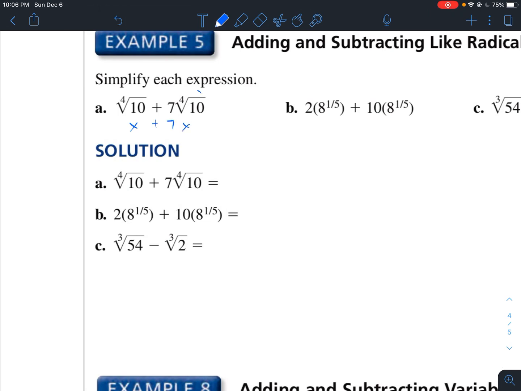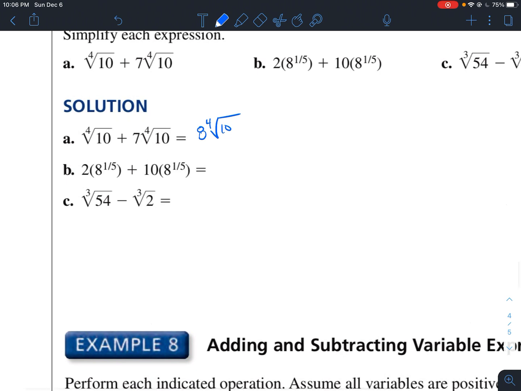You see that we can treat the fourth root of 10 as if it were a variable. So here is 1 fourth root of 10, and here are 7 fourth root of 10s, so we can combine them to just be 8 fourth root of 10s. And that's really as easy as it is.